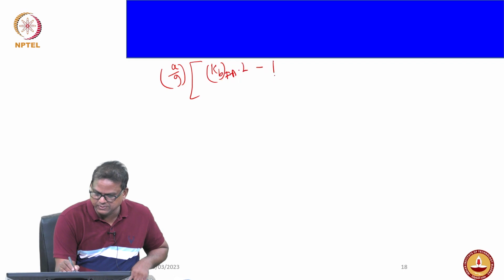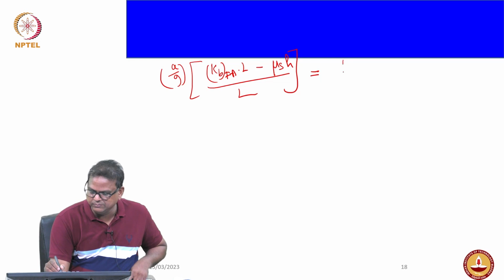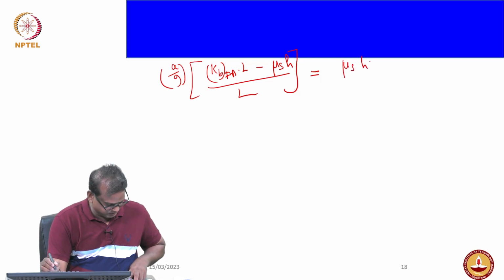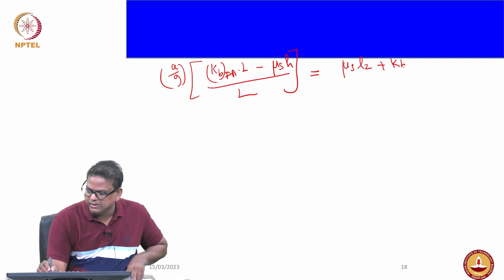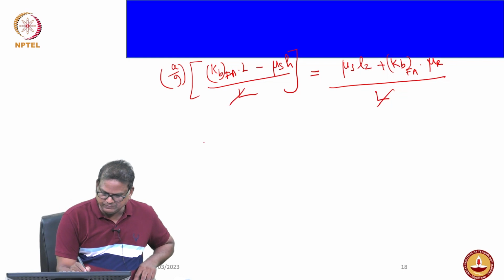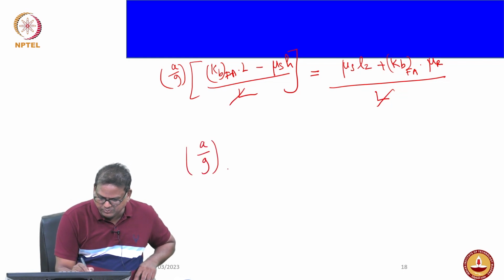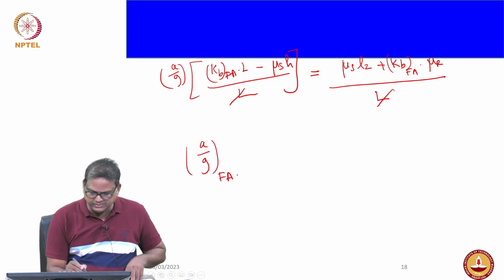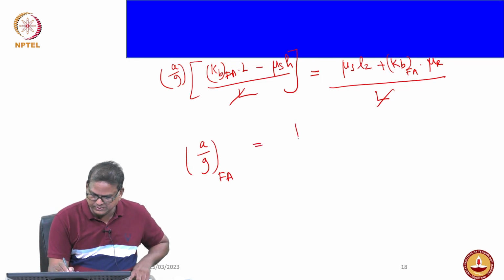L minus mu_s H by L is equal to L2 K_BFA into mu R by L. Okay. So this also cancelled out. The A by G, since we are talking about the front axle, just write it as A by G front axle, introducing mu_s L2.